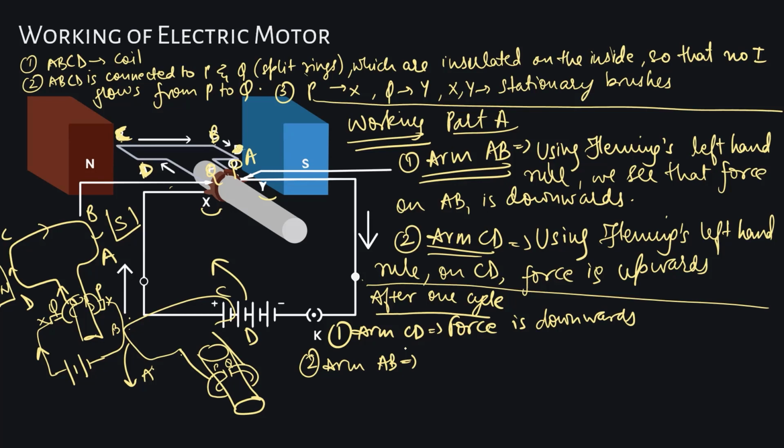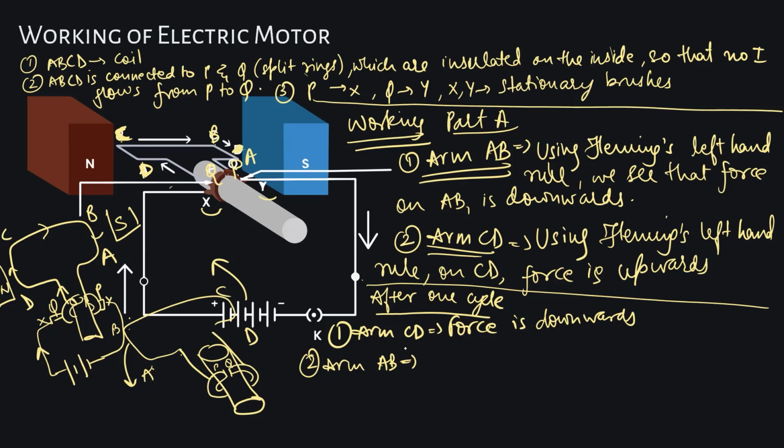Only then would you be able to see side by side that the coil was ABCD first, now the coil is DCBA. Earlier current was flowing from A to B and then C to D, but now in the second case current is flowing from D to C and then B to A. If you don't make this by yourself, this would not make sense to you.